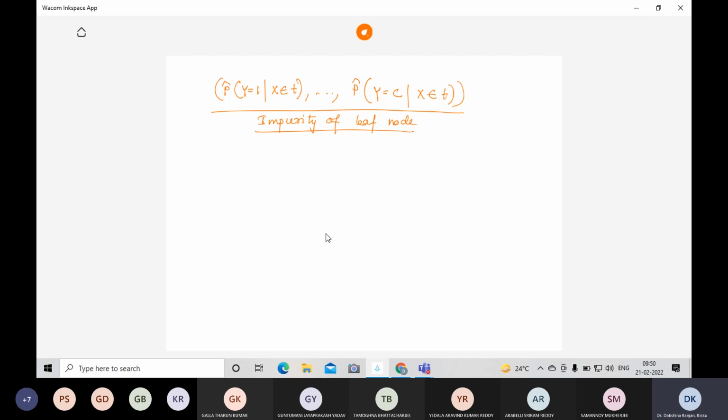If we are dealing with n number of attributes or features, then how can we decide the root node in the decision tree? That means we may have x1, x2, up to xn, so n number of features or attributes.